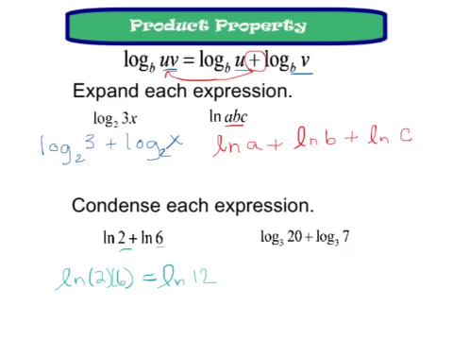Similarly over here, I can change this from being log base 3 of 20 plus log base 3 of 7 to log base 3 of 20 times 7, which would be log base 3 of 140.